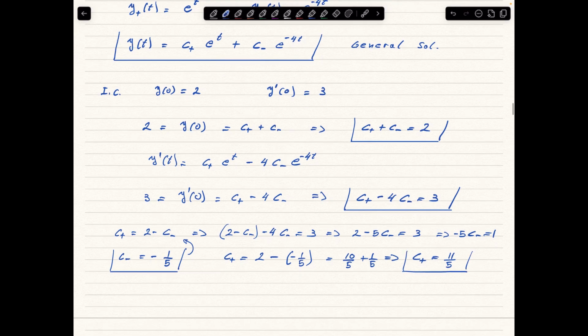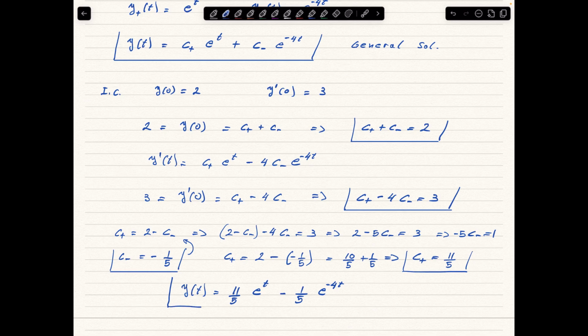And that's it. Our solution, y of t, I'm running out of space, but it's going to be just enough, is c plus, which is 11/5, exponential t, minus 1/5 exponential negative 4t.